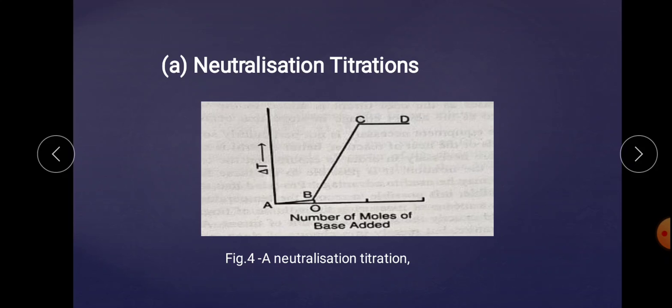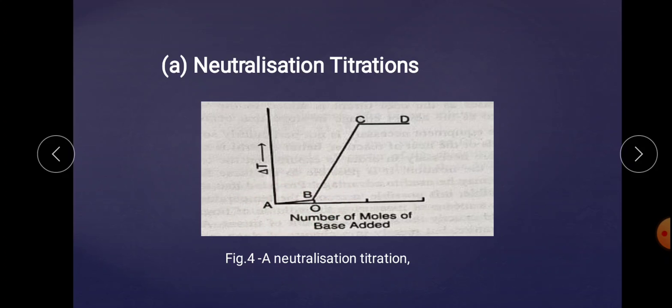In this figure, AB represents the situation before the titrant is added, before addition of base. Means when we are taking an acid in a vessel, such a delta T is observed. What is the reason behind this AB?